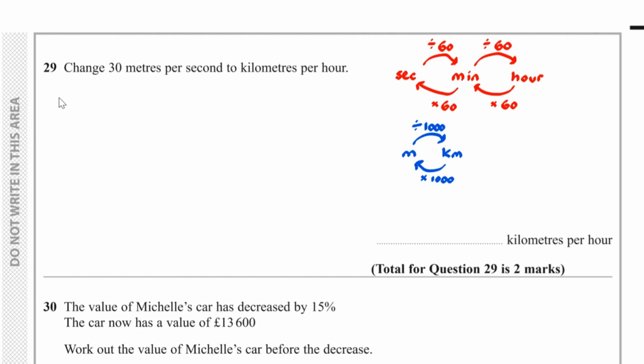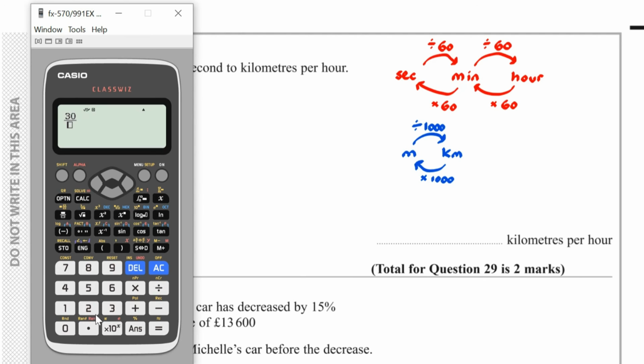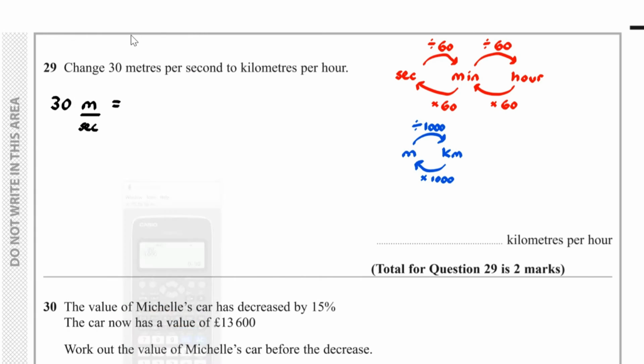So if I have 30 meters per second, then if I divide this by 1000, 30 divided by 1000, that's 0.03.